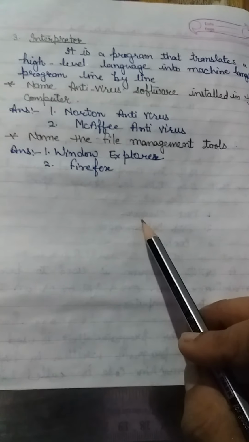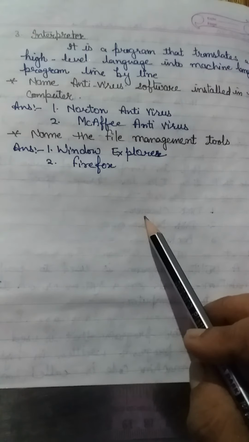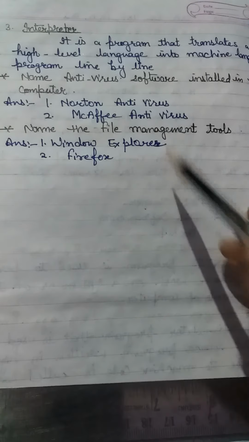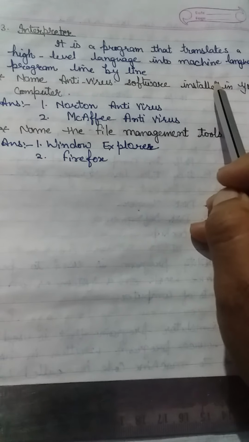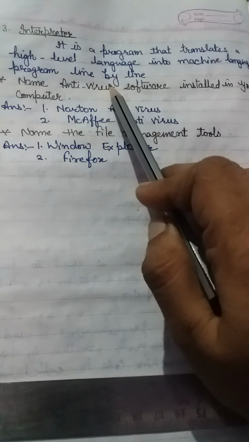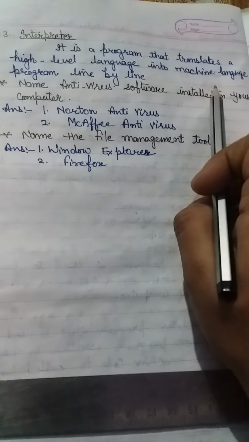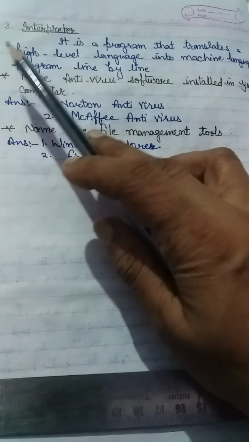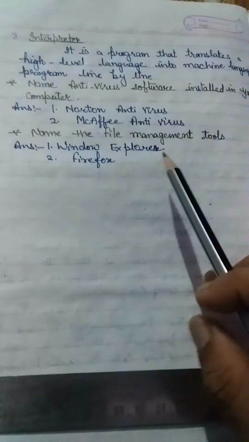Means the complete program you write in any programming language is compiled at once and translated from high level language into machine language, but the interpreter checks line by line and translates high level language to machine language. That is the only difference between interpreter, compiler and assembler.